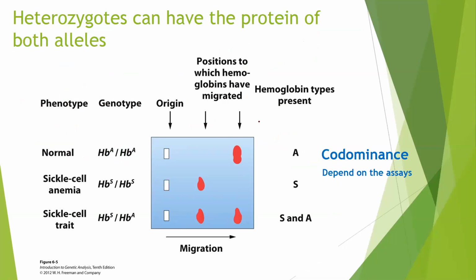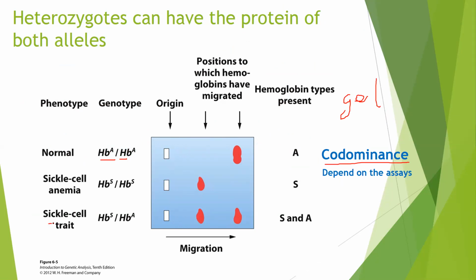And also, if we want to study these two alleles by using a gel, we run the gel. In this case, if we study these two alleles by running a gel, the relationship between these two alleles will be codominant. Why?